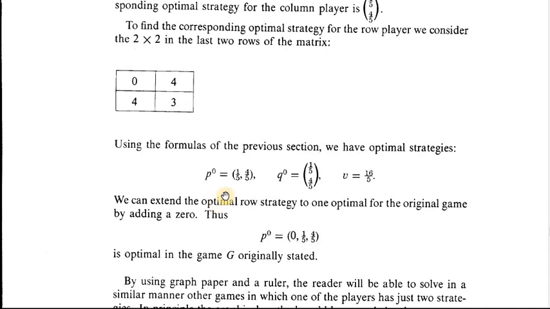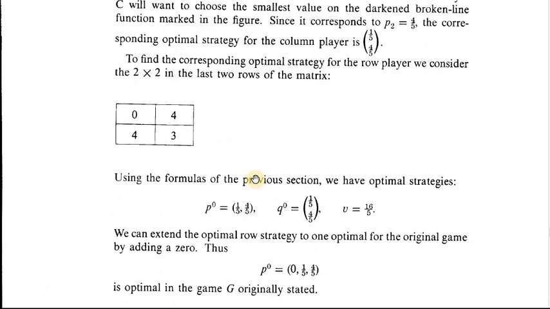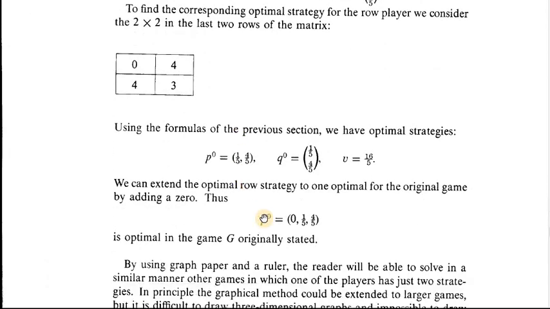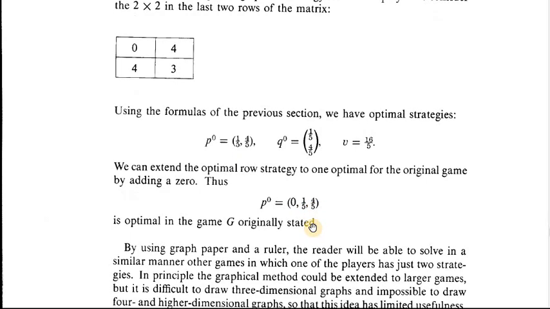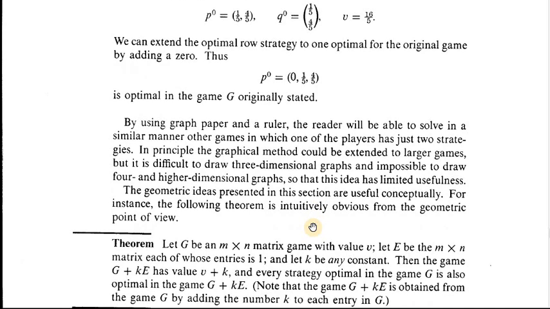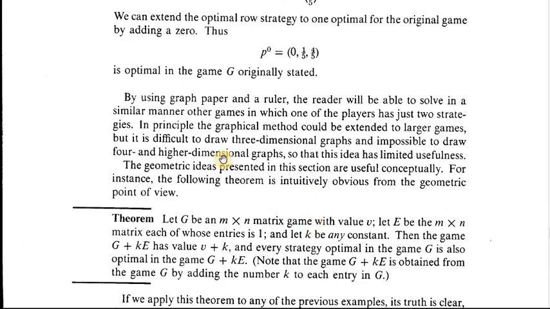Now, of course, the row player has 3 possible rows, but as we said, row 1 doesn't figure in this minimum point. So row 1 gives me a 0, and I get 1/5, 2/5 for row 2, row 3. Okay. Now, this method really is only good for games where you have 2 non-dominated strategies because it's hard to graph in higher dimensions.